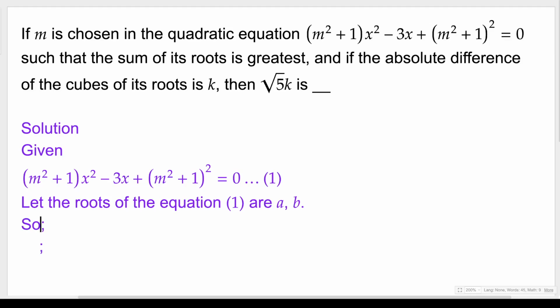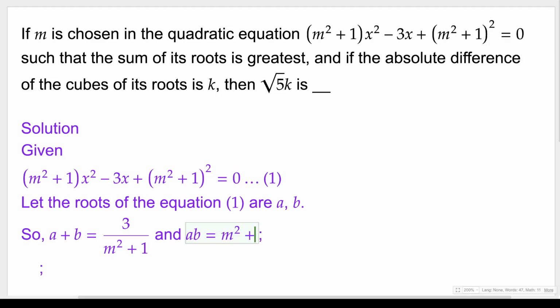So in that case we can say that the sum of roots, that is a + b, will be equal to 3 over (m² + 1), and the product of the roots, a times b, will be equal to m² + 1.